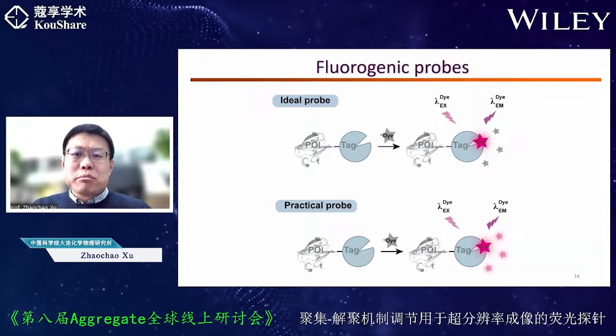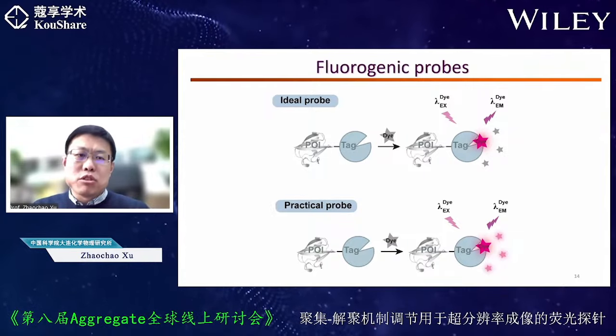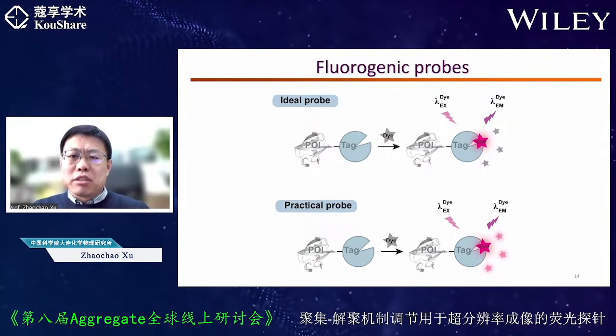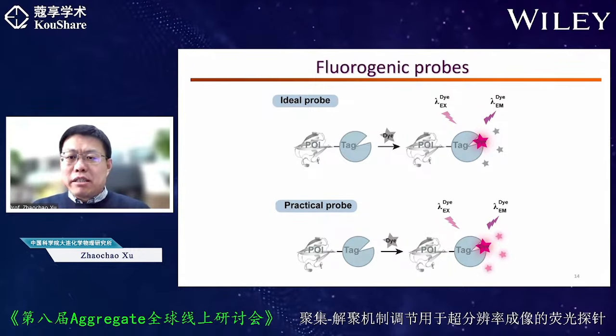As I mentioned before, with the increasing spatial resolution of super-resolution imaging, for example, if we can go down to 1 nanometer, there is a growing need for ideal fluorogenic probes that only emit light upon recognition of the target.